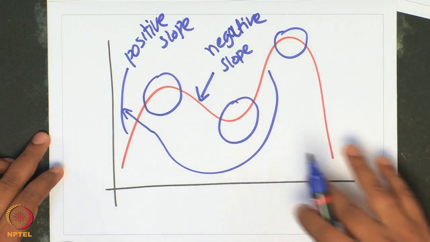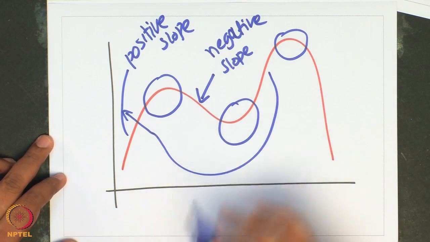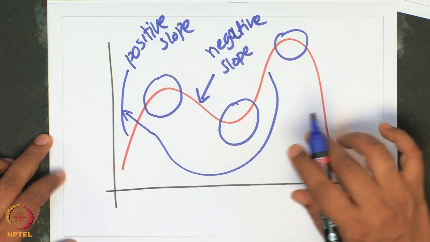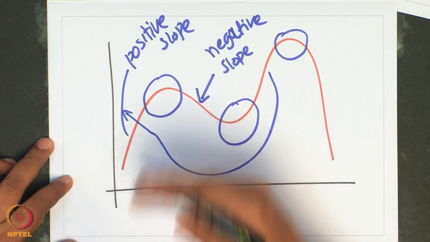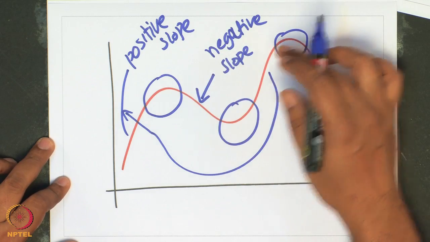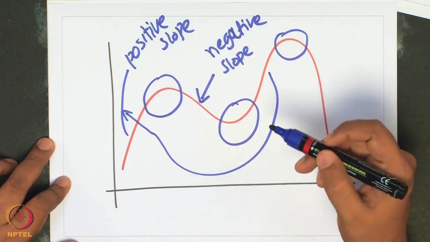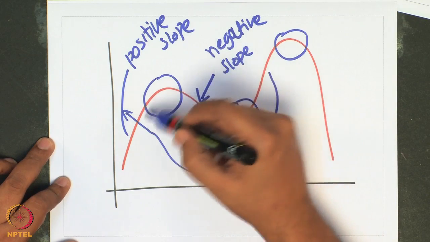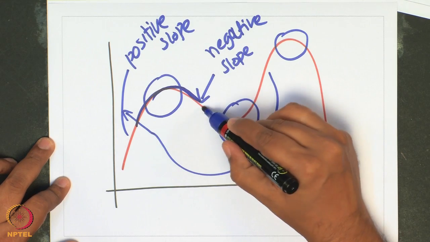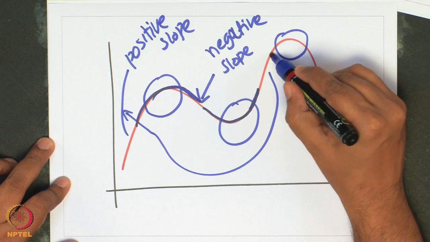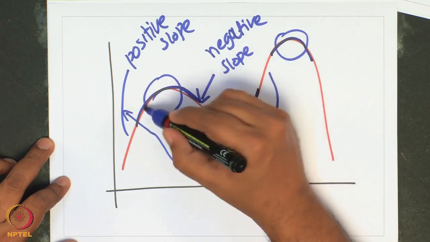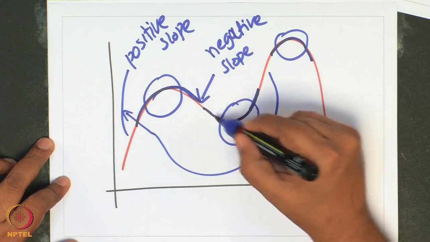But for simplicity, you can decompose any curve, imagining it as things like this. So if we understand which region has positive slope, which region has negative slope, which region has positive curvature or negative curvature. So this is like an inverted U, and this part is like a U. This part is like an inverted U if you wish, and this is almost like a U. So we just learned that one of these regions has a negative curvature while this has a positive curvature.